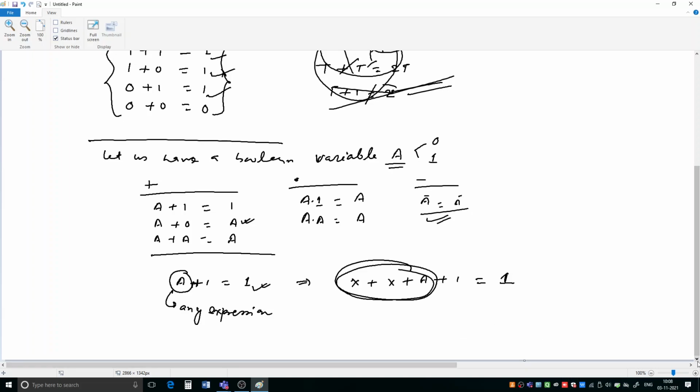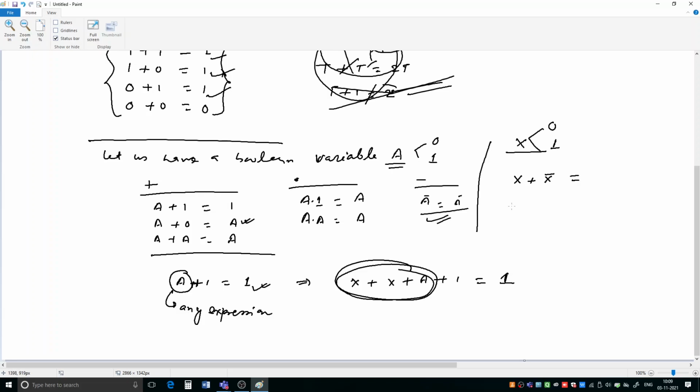Now you have one expression with one variable x, and now you are doing x plus x bar. You have one variable x, whose value can be either 0 or 1.